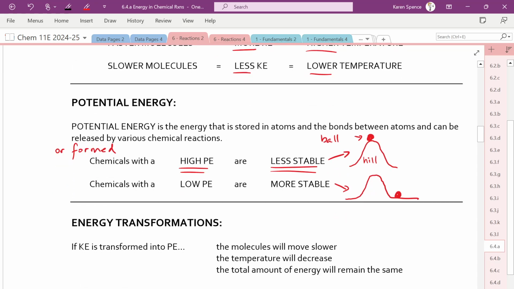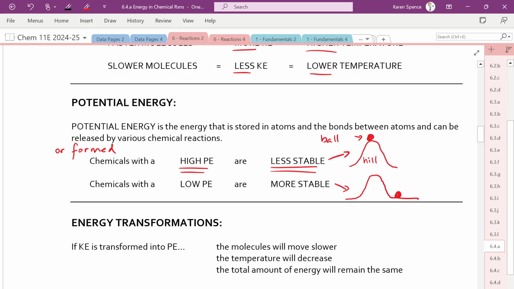Just like the ball has higher gravitational potential energy at the top of the hill and lower gravitational potential energy at the bottom, it works the same way with chemical potential energy, okay? Things with high potential energy, less stable, low potential energy, more stable.